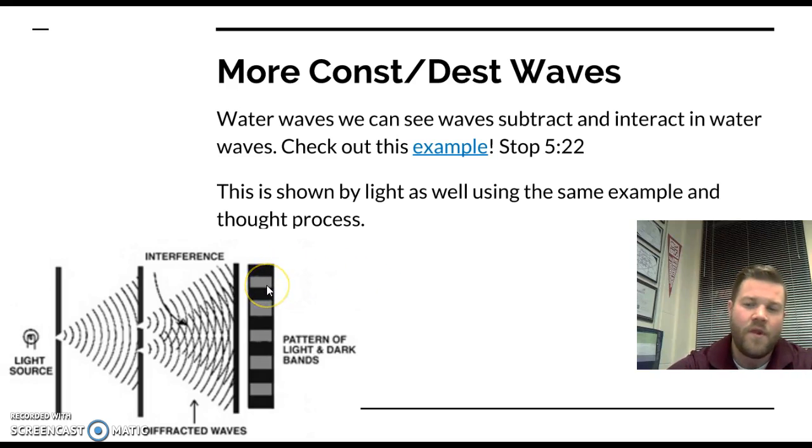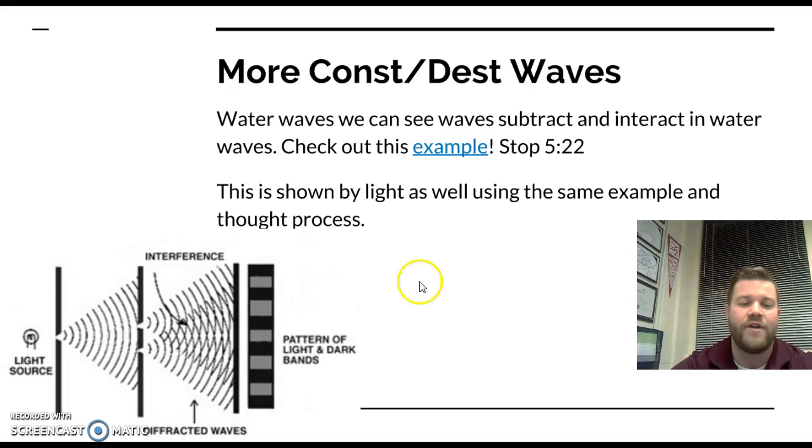So when I'm looking at my dark spots, that is where light subtracted from each other, acted destructively. Okay, the waves' amplitudes didn't line up exactly, they subtracted away. There's not much light there, if any. Where I start seeing my light bands is where they added together.